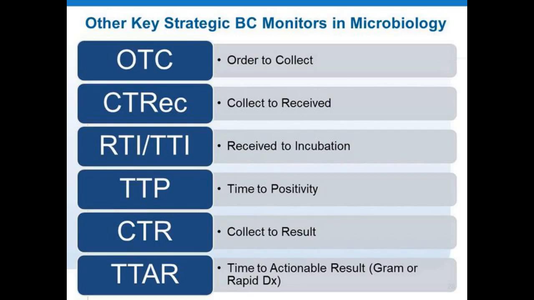Now, not all of these may be available to you. Many of them are able to be identified out of the BACTEC system, but it will take a combination of your lab information and possibly your hospital information system and the BACTEC or whatever other blood culture system you're using to get all these time points in place.